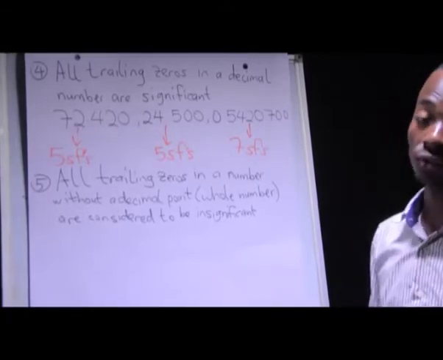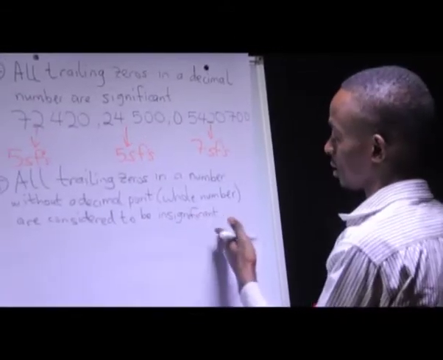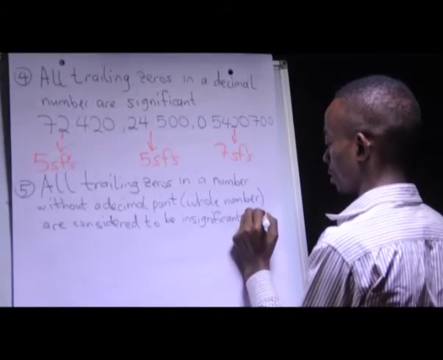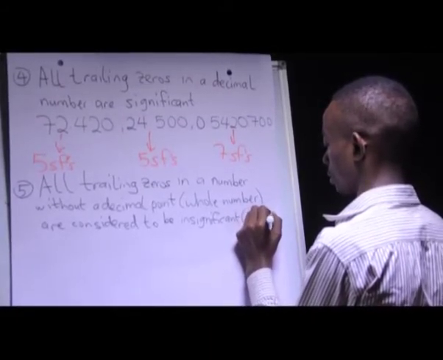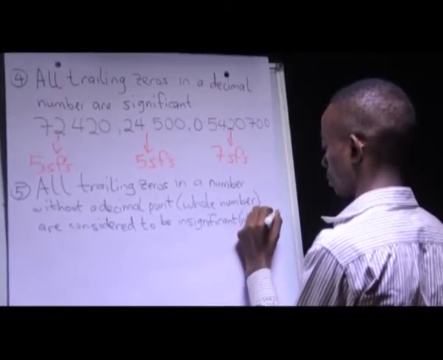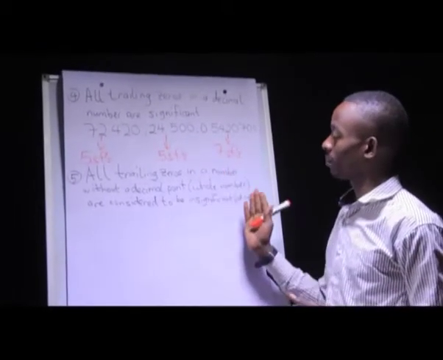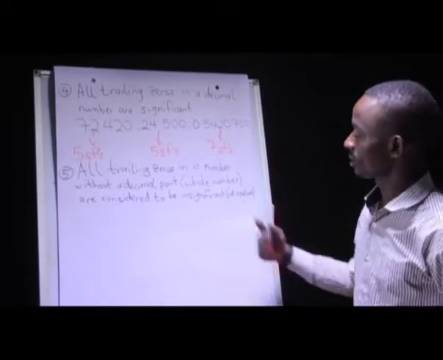Insignificant is the opposite of significant. So when I say insignificant, I mean not significant. So all the trailing zeros in a whole number are considered to be insignificant.